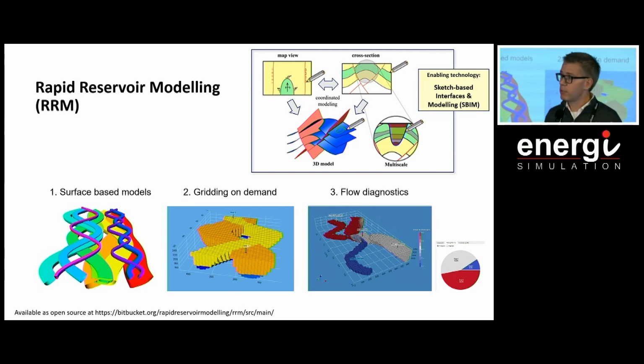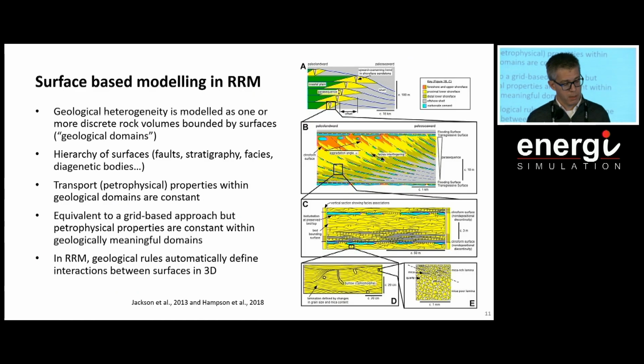There is no grid to begin with. The grid is only created on demand. When we want to do some calculations, we do some very fast calculations to get a feeling of what the storage volumes are, how fast fluids could move through the reservoir. Only very approximate. We still need to do the detailed dynamic modeling afterwards, with our favorite simulator, be it DARSim, be it CMG, whatever it is.